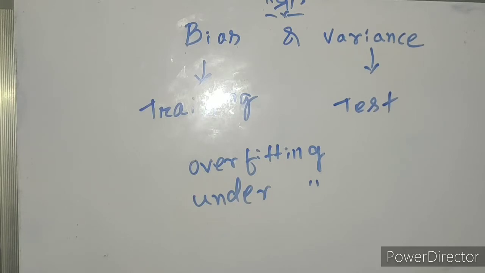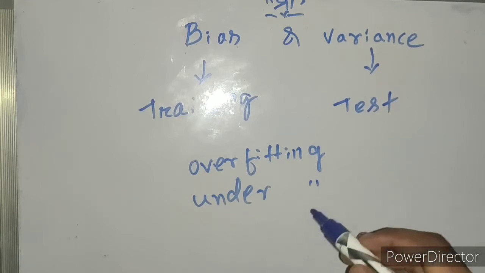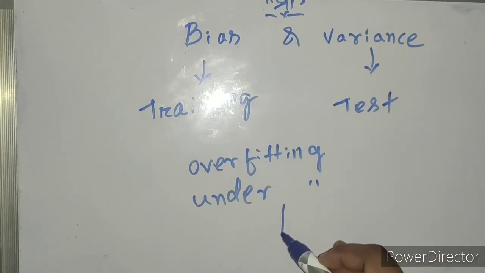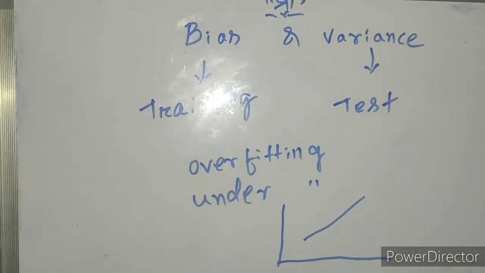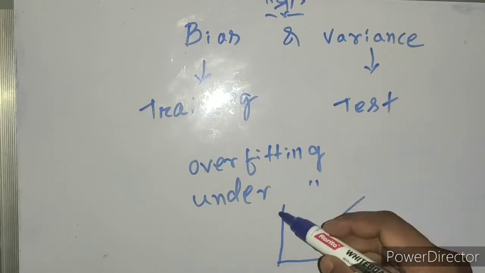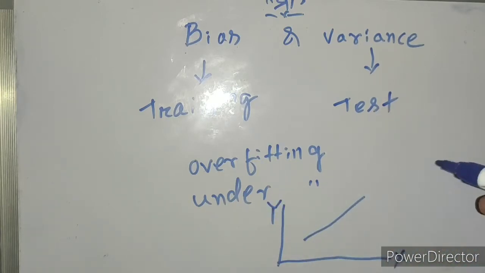If we take the example of linear regression, let's draw the graph here. In linear regression, we always wanted to find our best fit line. So this is the independent axis, this is the dependent axis, the y-axis, and we always wanted to find this best fit line.